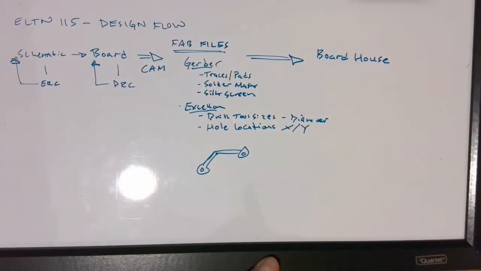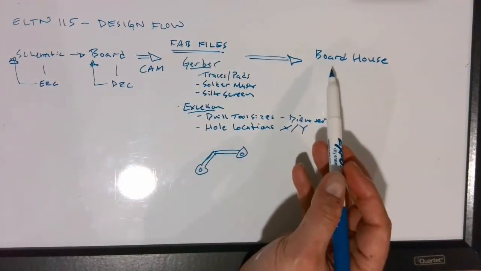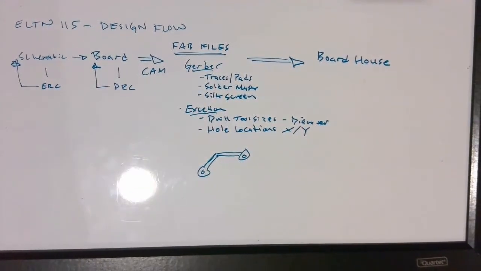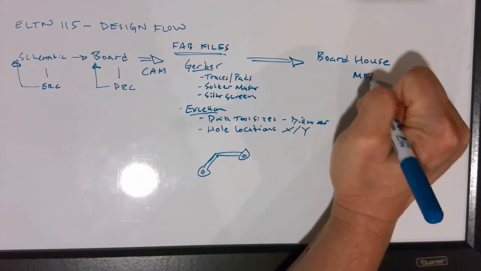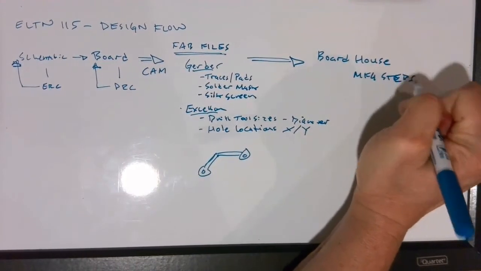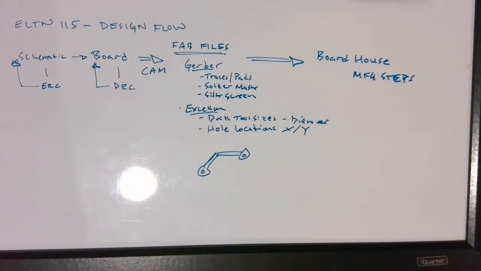Okay, and so the board house is going to take these fab files and probably modify them a little bit for the manufacturing that has to be done. And then there are all these manufacturing steps. These manufacturing steps are what we talked about a little bit last week, from working with the photo tools, but then all the different manufacturing process steps.